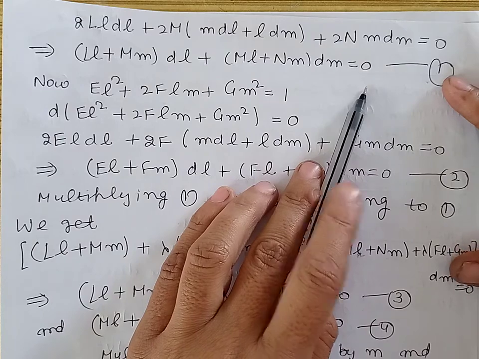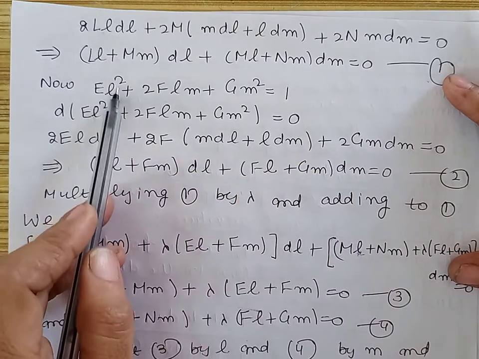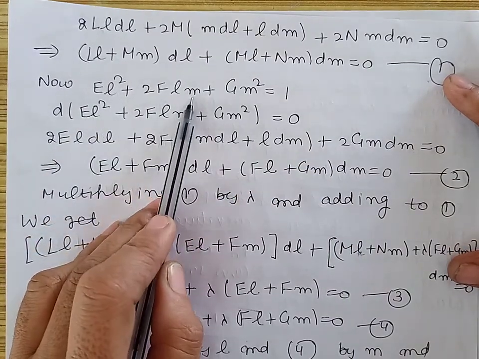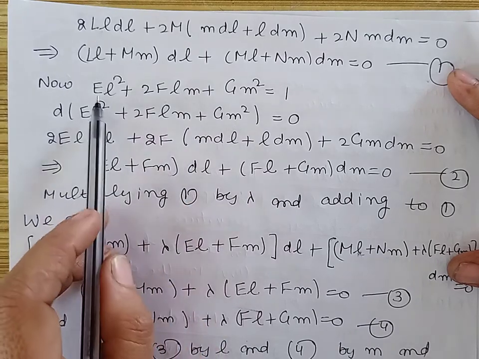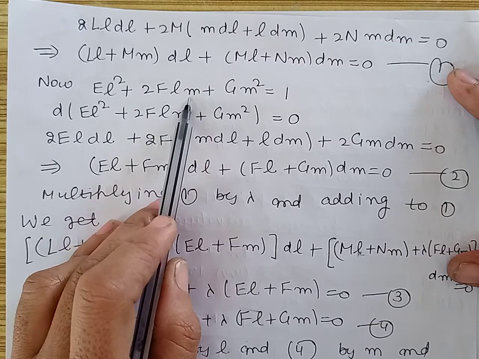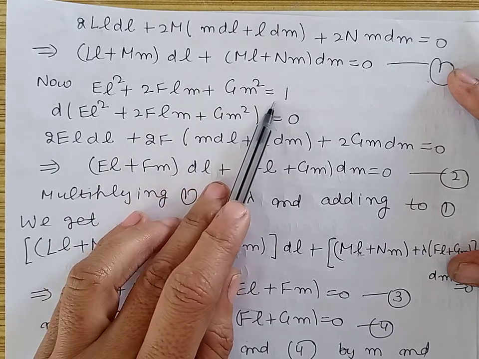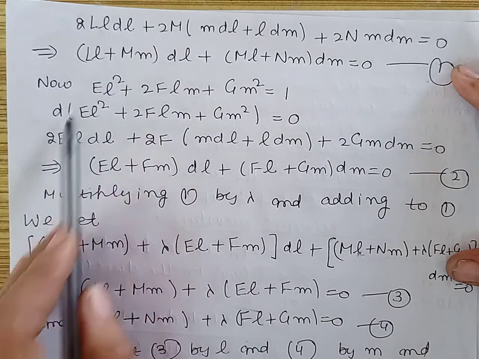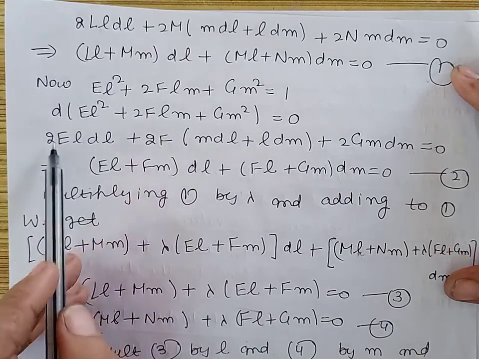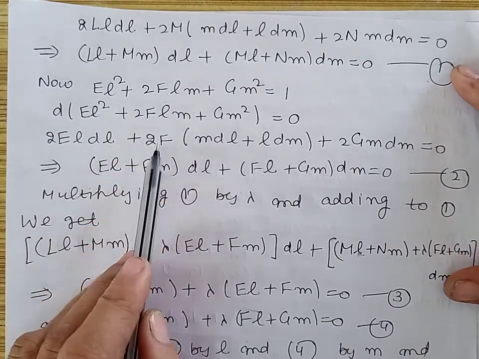Now we know if l and m are the direction coefficients, then they are connected by the relation E l square plus 2F l m plus G m square is equal to 0. Differentiating both sides of this equation, we get E as it is, derivative of l square is 2l dl, plus 2F is constant.